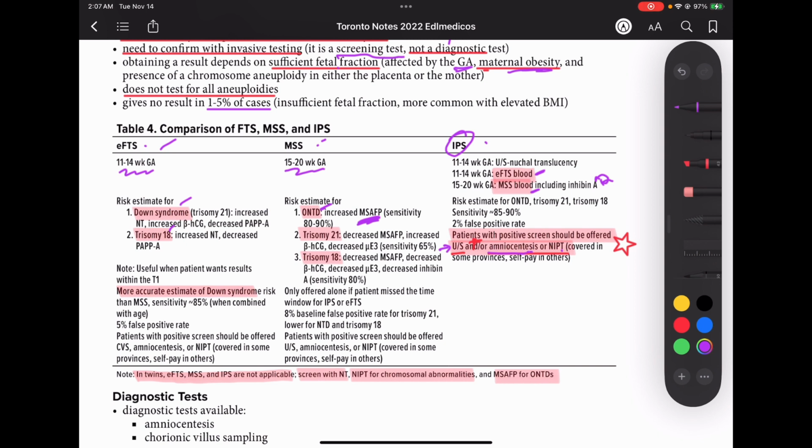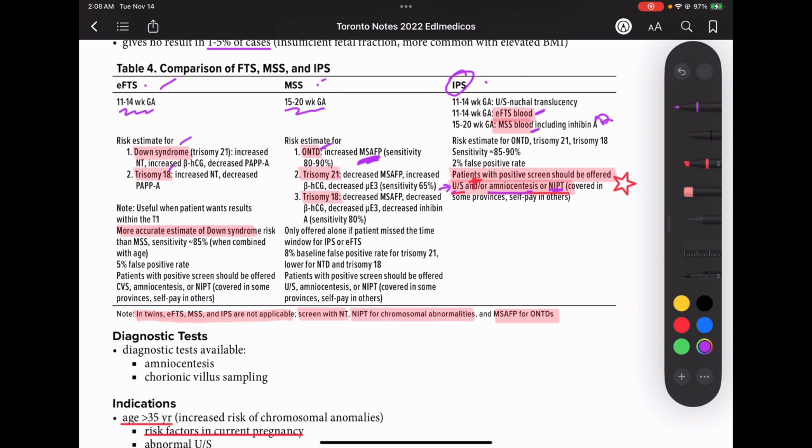But if we're still suspicious, we're not going to directly go for an invasive test. We're going to go for a non-invasive test first, but ultrasound is there. So for a patient with any positive screening, we will go for ultrasound and another screening test after it. And in twins, EFTS, MSS, and IPS are not applicable.